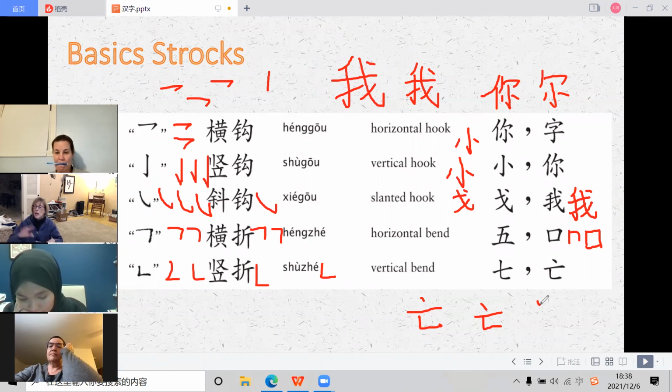Do you mean is calligraphy a more formal way of writing Chinese?